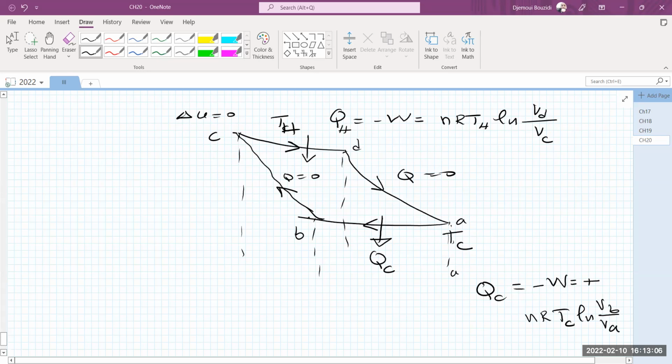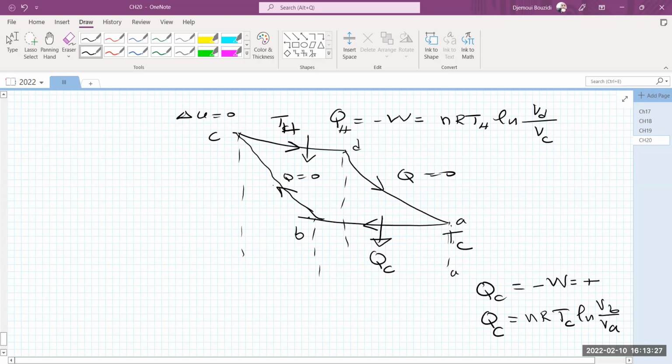This number is clearly negative. Why? Because V_B is less than V_A. This volume is less than that volume. Therefore, this ratio is less than 1, and the ln of a fraction is always negative. So this ln in here ensures that this Q_C is negative.